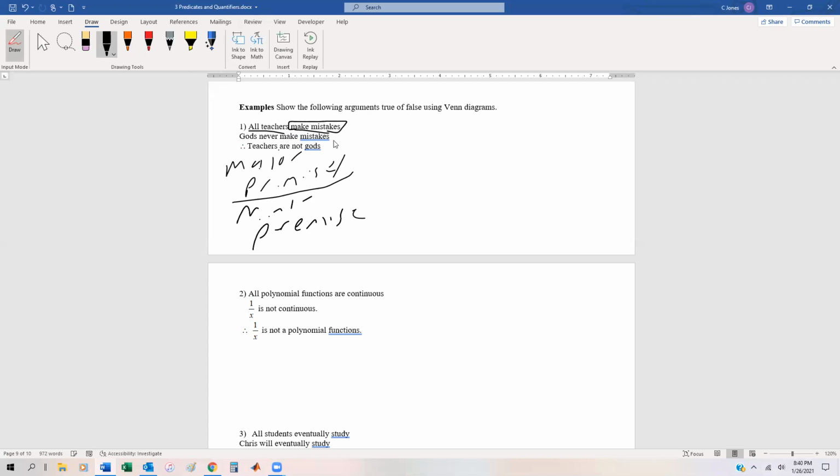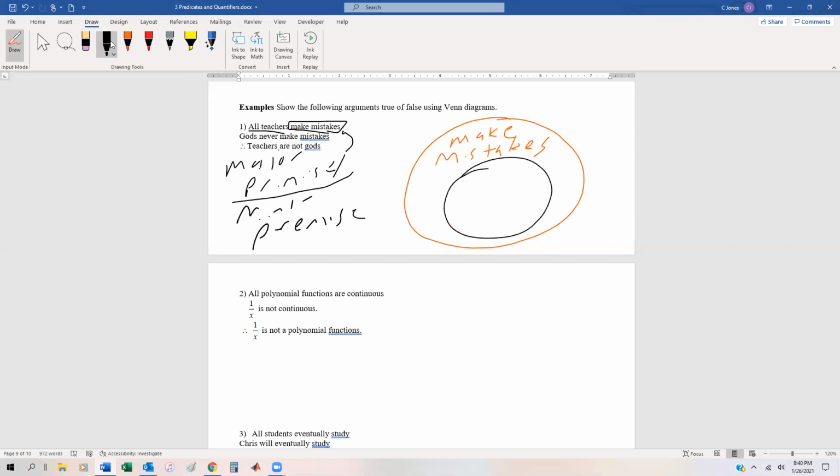So when we're drawing our Venn diagram, the first thing we're going to do is draw a very large circle, and we're going to have people that make mistakes. I'm just going to say make mistakes. And inside of that circle, I'm going to have all teachers because all teachers fit inside.